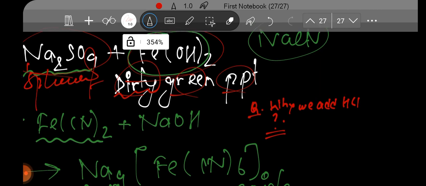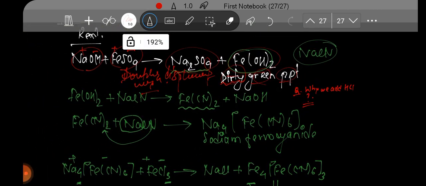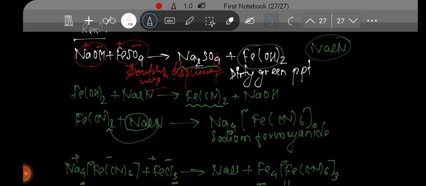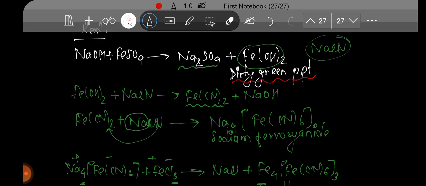The answer is, to remove the dirty green precipitate, we add HCl here.